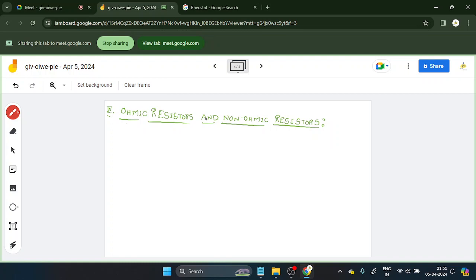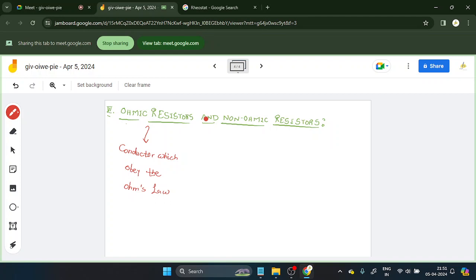I am writing here: conductors which obey the Ohm's law. Which means the graph is going to come linear for these. The V and I graph is always going to come linear.